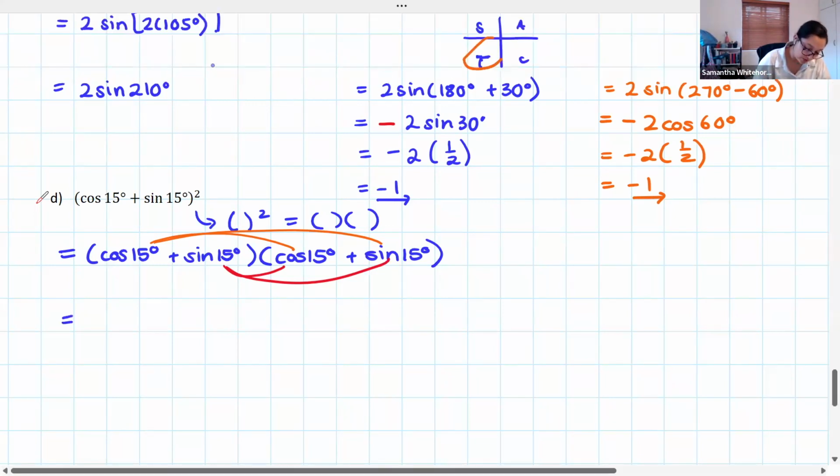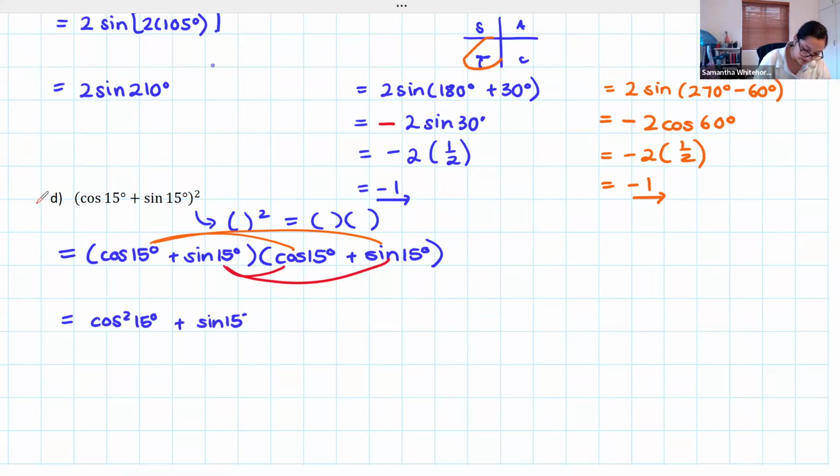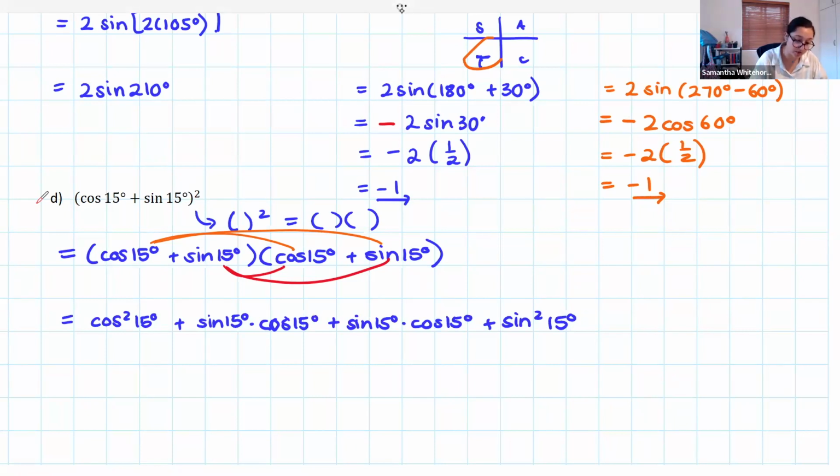So if I go and distribute, I end up with cos squared 15 plus sine 15 cos 15, plus sine 15 cos 15, plus sine squared 15. Now back to the algebra, look for your like terms.